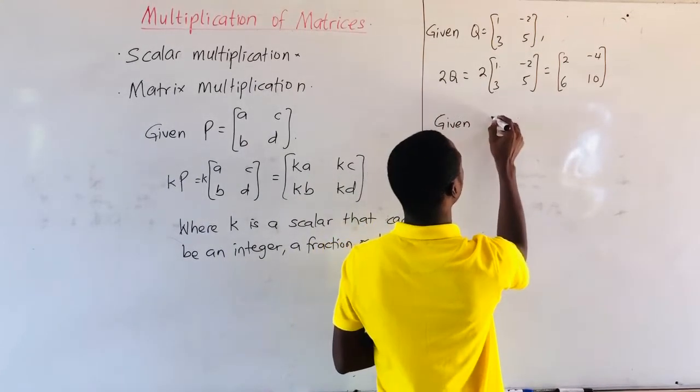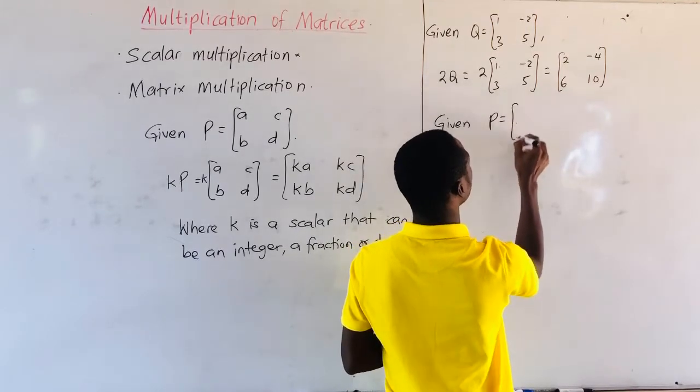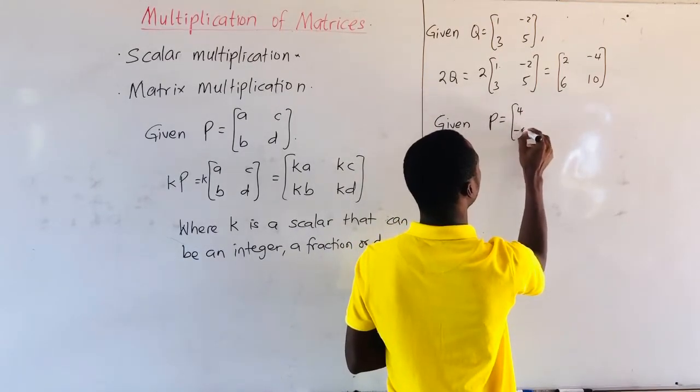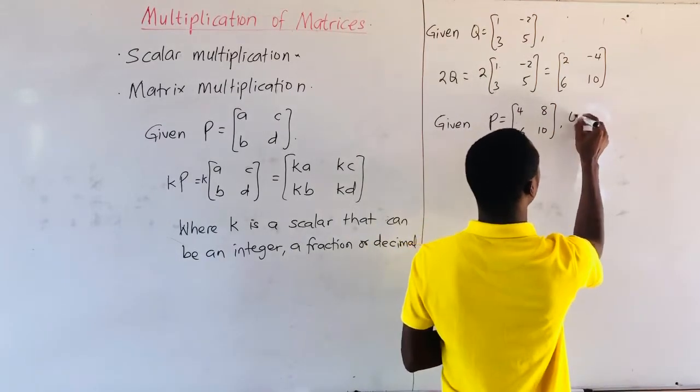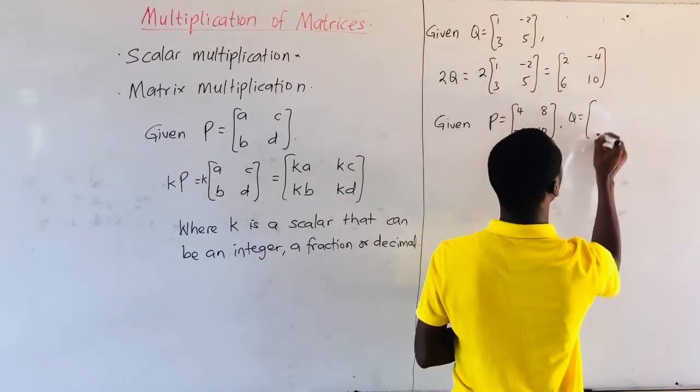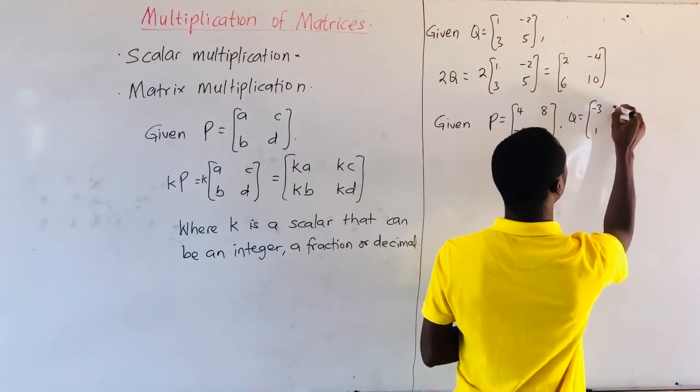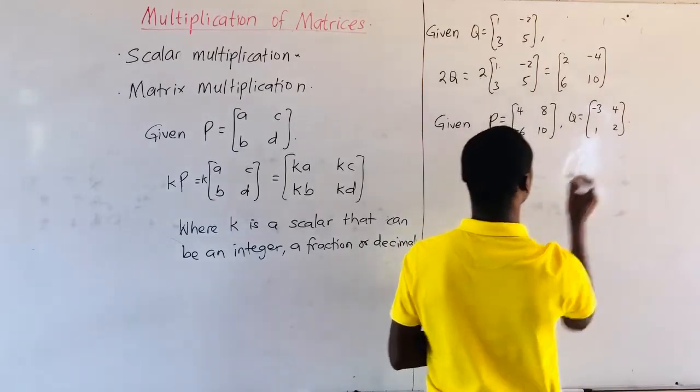Given the matrix P equal to 4, negative 6, 8, 10, and then Q equal to negative 3, 1, 4, 2.